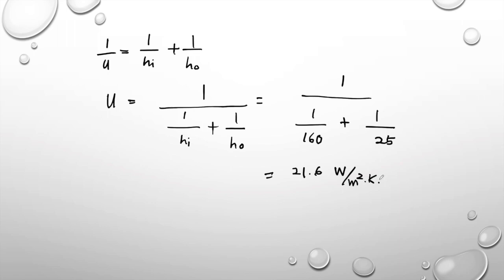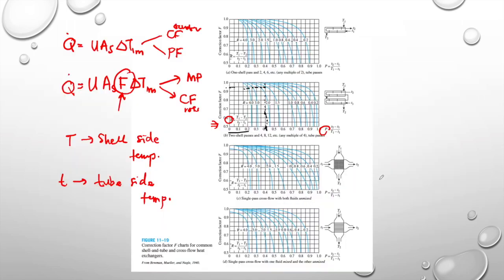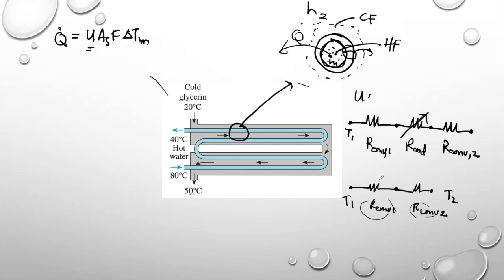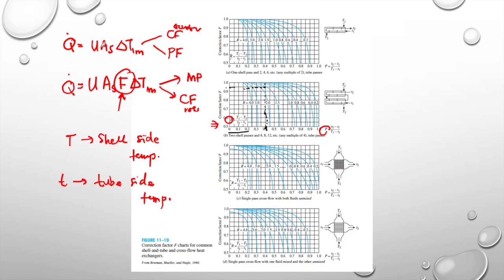Now we already solved for the overall heat transfer coefficient. Now we have to find the surface area, AS. How to find AS? We have two different types of equation for the area: pi d squared over 4, and pi dl.